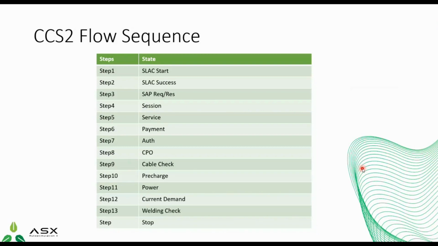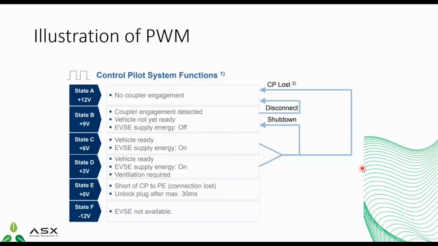So for any CCS2 charging process, this flow sequence is very important. There are different states for the PWM, and the CP is actually transmitting the PWM.